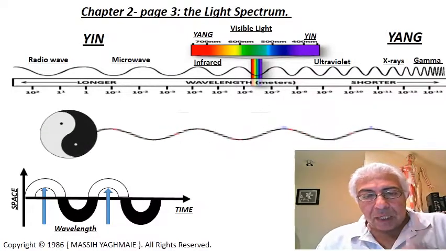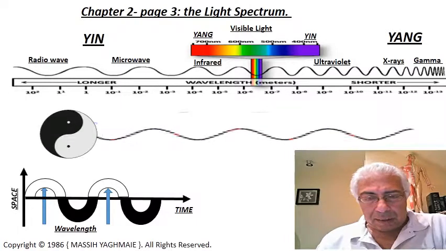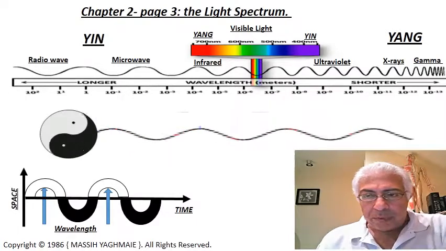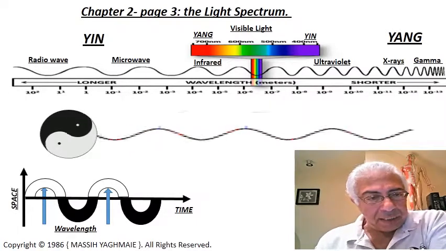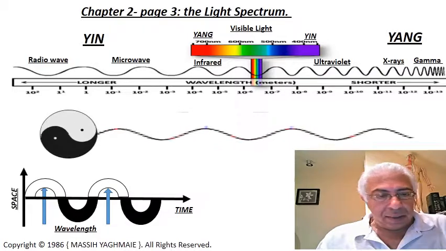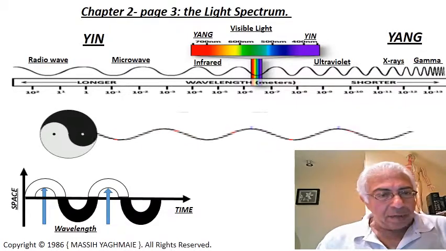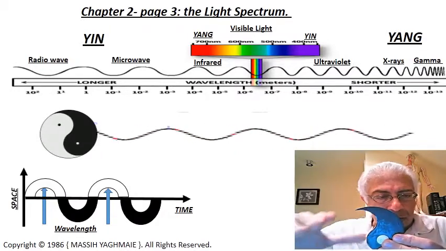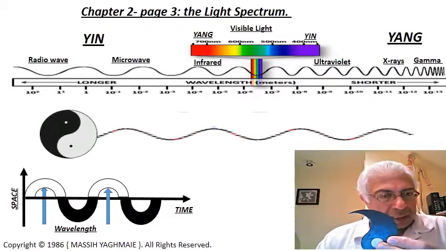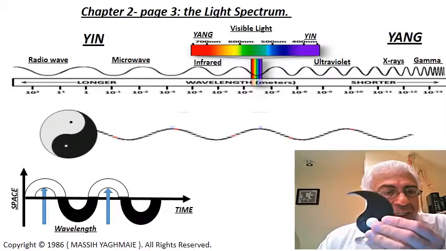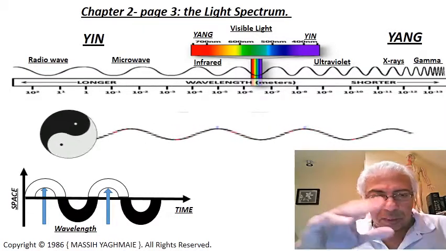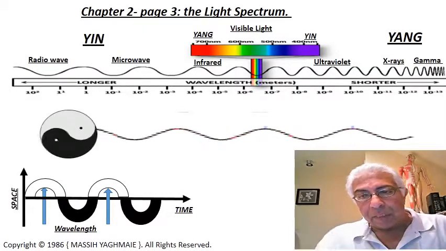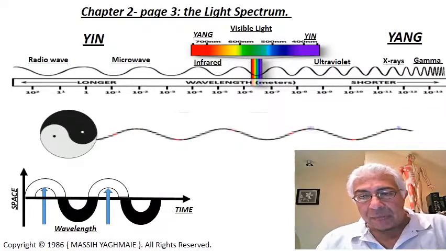And if you look at that light, the spectrum from radio wave to gamma rays, at one end of it, the radio wave, the waves are very long and slow. That's what it's like, very yin, slow. Then you go to the other end of the spectrum, where there is X-rays and gamma rays.